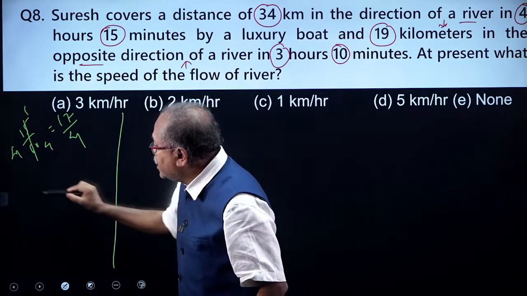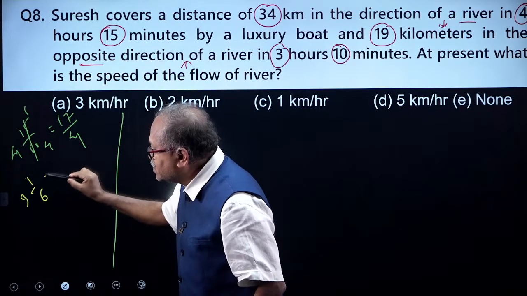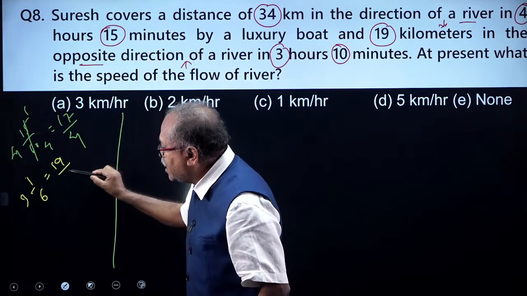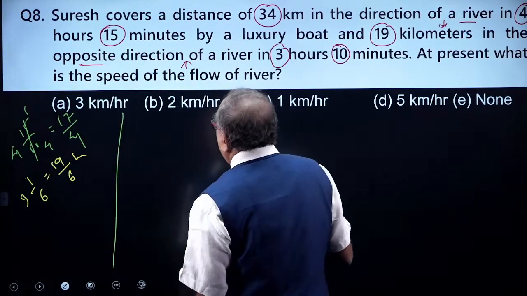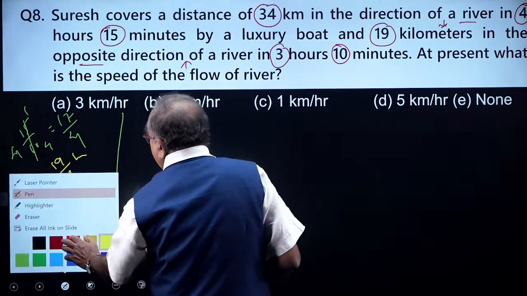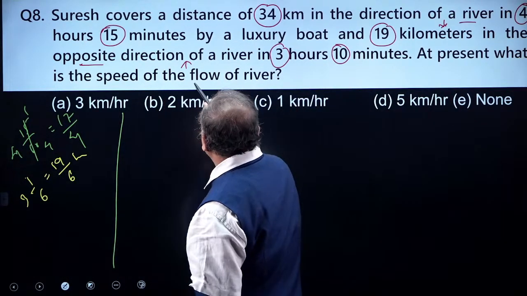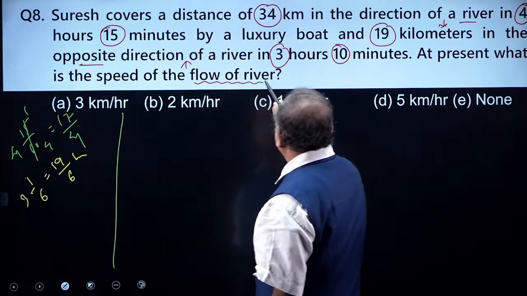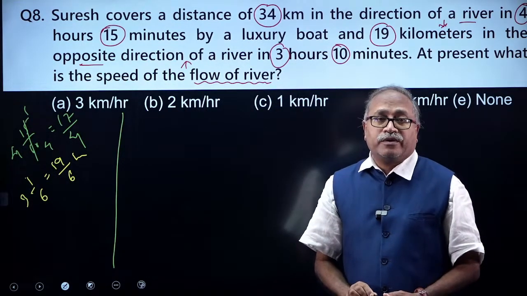Let me write down over here. 3 hours 10 by 60, that is 1 by 6, which is nothing but 19 by 6 hours. Okay. Now, what is the question here? The question says, what is the speed of the flow of river? Speed of the flow of the river.